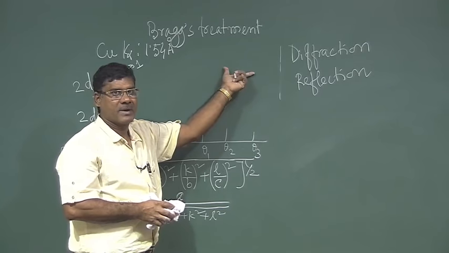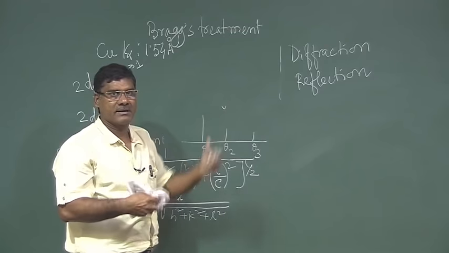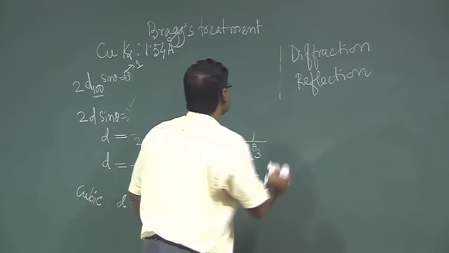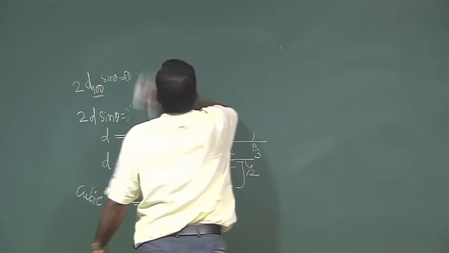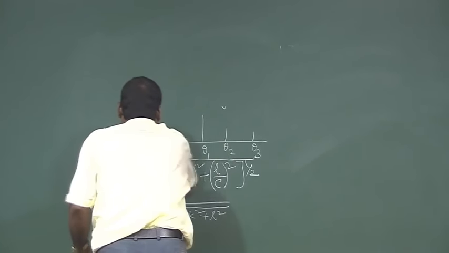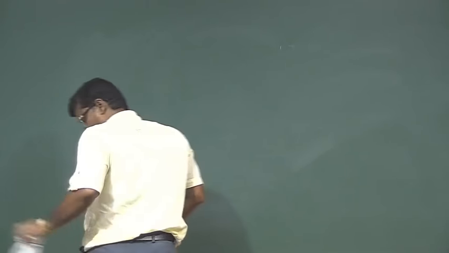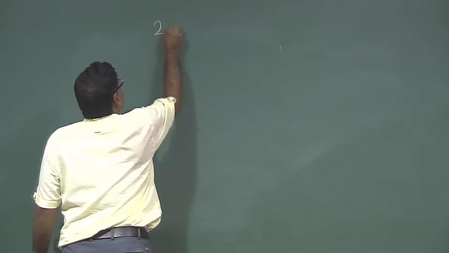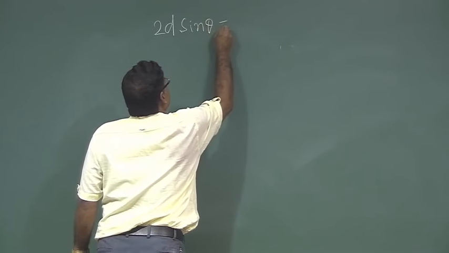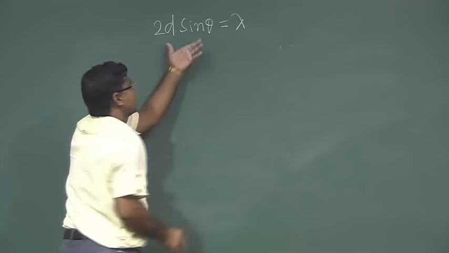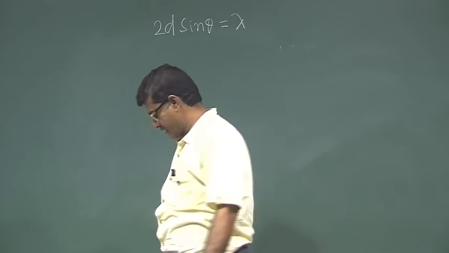Based on this law, there are three experimental arrangements, which I will mention. So, I have basically 2d sin theta equal to lambda. This is the Bragg law, the Bragg equation.